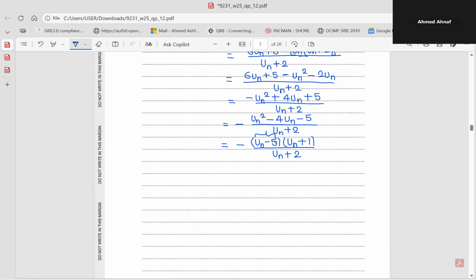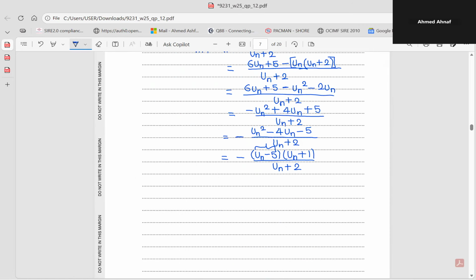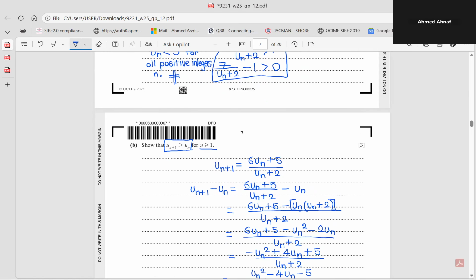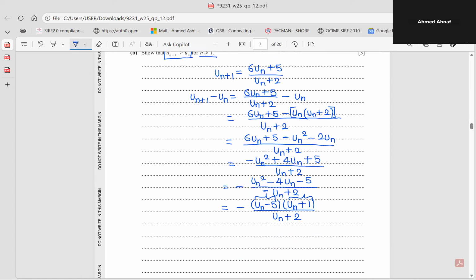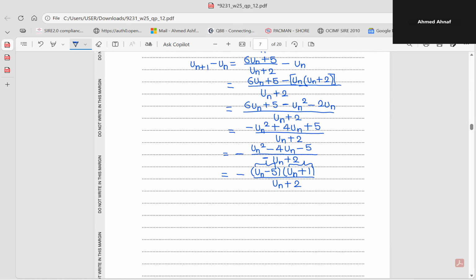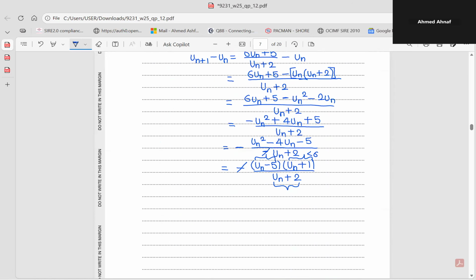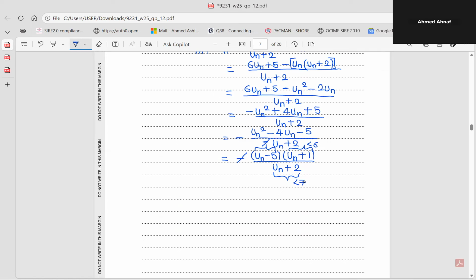So un minus 5 is less than 0, so this is negative. un plus 1 is less than 6. This is definitely negative, so these become positive, less than 6, and then un plus 2 is less than 7.